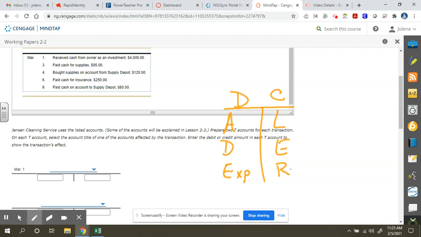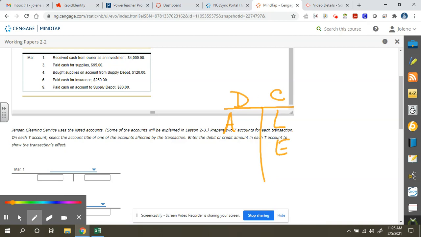Now, looking through these, right now, for this assignment, for these 5, we're not going to have to worry about drawing, expenses, or revenue. All right. We just have to do these.